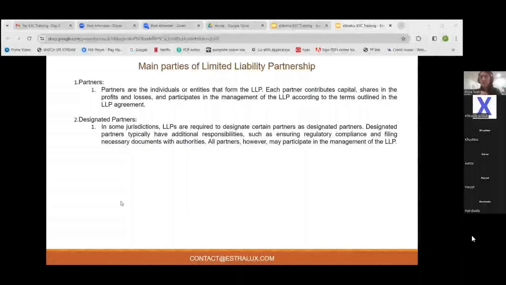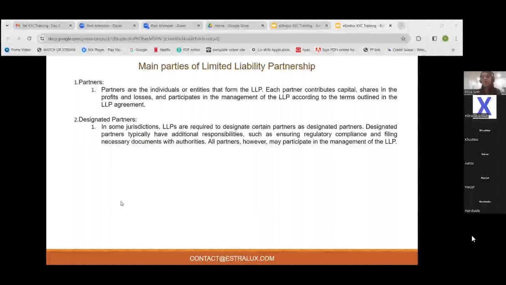Designated partners are not a very natural thing, it does not have to be there, but some organizations do have designated partners. They are just designated partners who typically have some additional responsibilities.